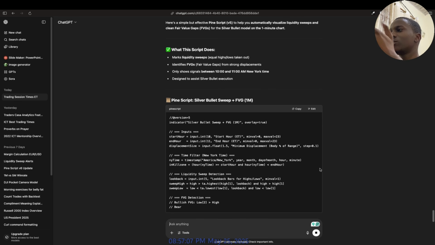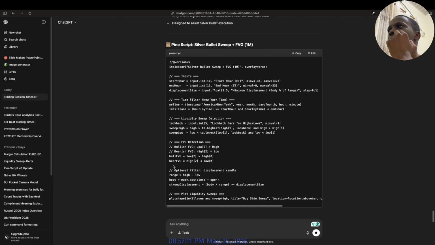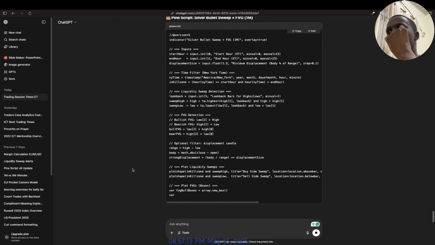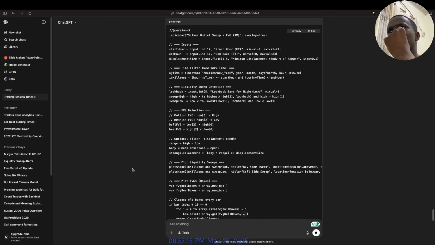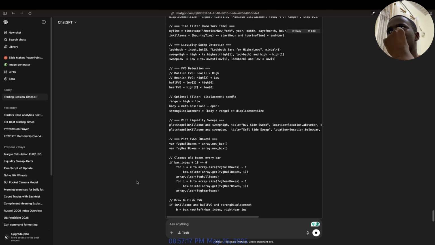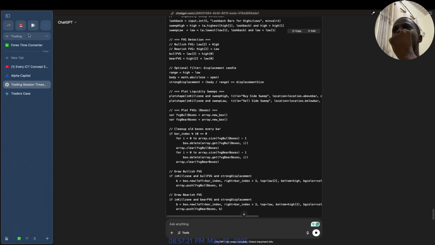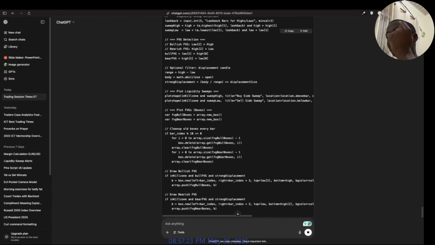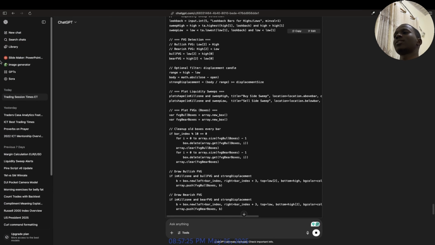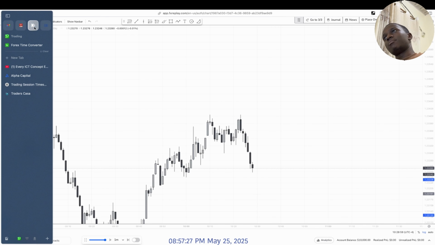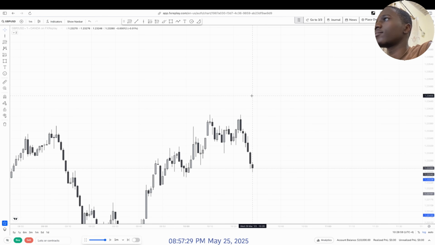But it should also show that a market shift occurred. Let's see, can we add something? Okay, I'll add it to my TradingView and use it to test. Let me come back here and see.